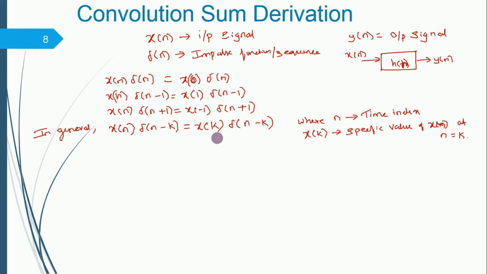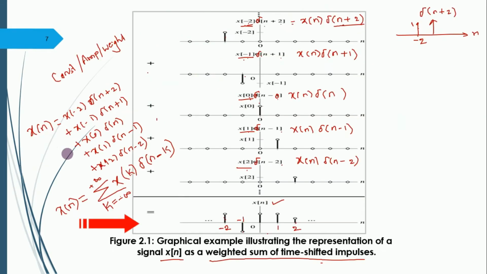Okay, so this is the representation we understood till now. Now we defined x of n as a weighted sum of time shifted impulses. We wrote x of n as x of minus 2 delta of n plus 2 plus x of minus 1 delta of n plus 1, and so on, up to x of 2 delta of n minus 2.